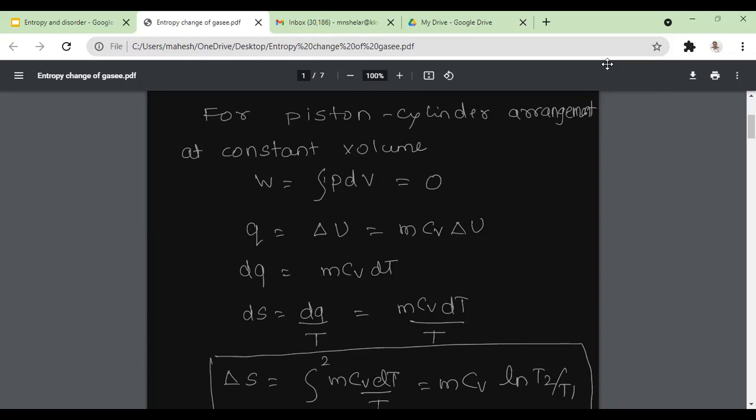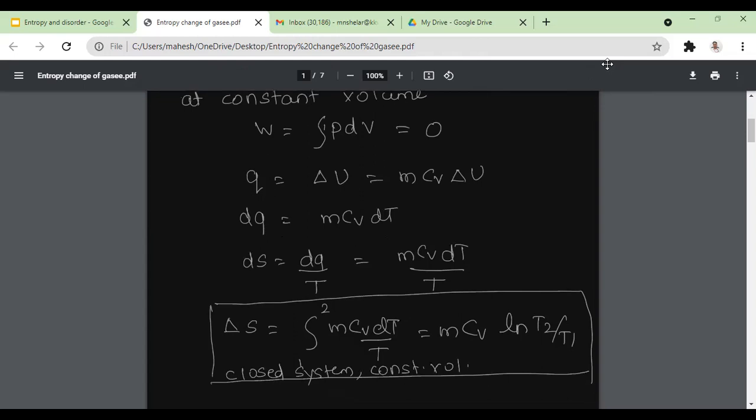If we integrate this dS for a process from 1 to 2, it becomes the integration of mCv dT by T, which gives us a very useful expression for determination of entropy change for a closed system undergoing a constant volume process, which is mCv log to the base e of T2 upon T1.